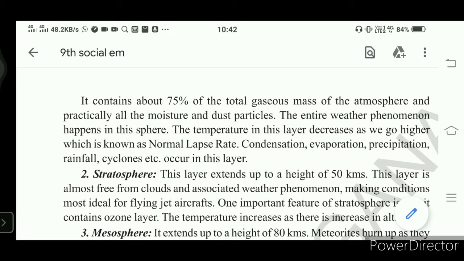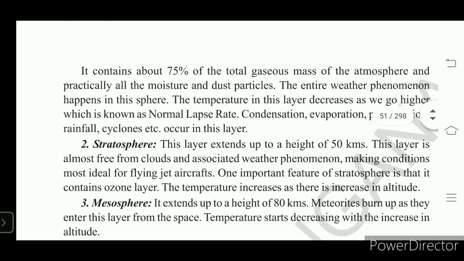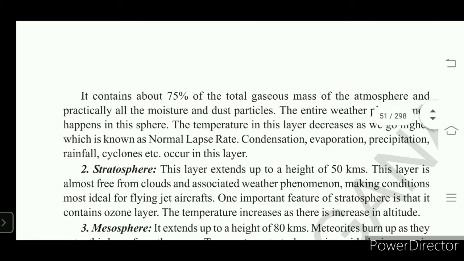Understand? In the troposphere only, all the stages of the hydrological cycle occur. In the previous class we discussed condensation, that is water vapor turning into millions of tiny water droplets, right?